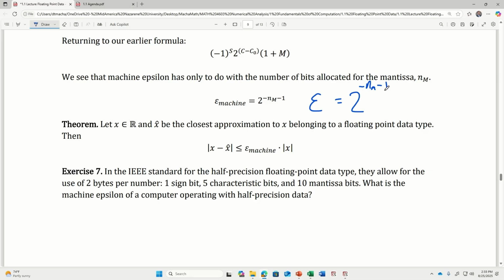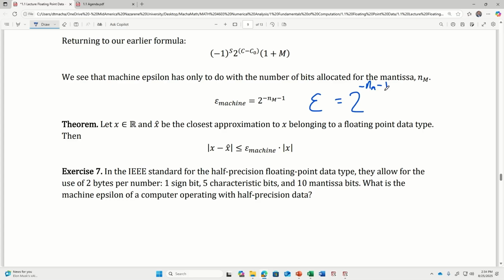So suppose x is a real number, and let's make x hat be the closest approximation to that real number we're trying to represent. Then, whenever I write x minus x hat, absolute value, we call this the absolute error. Error is the difference between my approximation and what I want it to be.